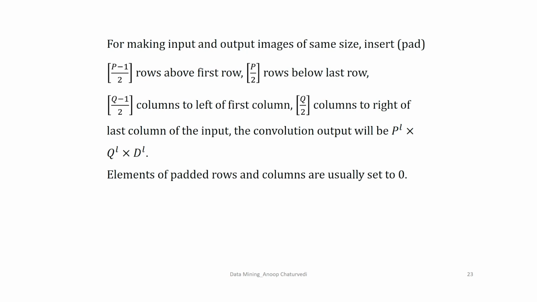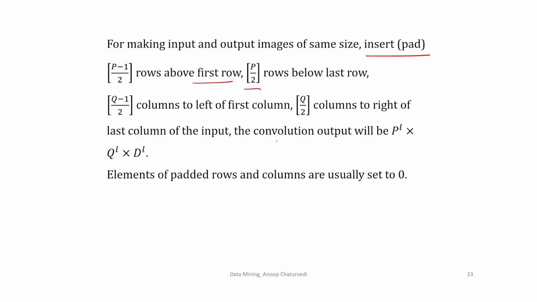Then what do we do? We insert padding, say we insert P minus 1 by 2 rows above the first row and P by 2 rows below the last row, and Q minus 1 by 2 columns to the left of the first column and Q by 2 columns at the right of the last column of the input.